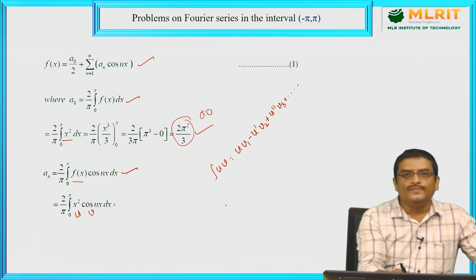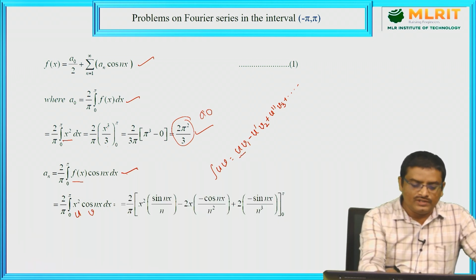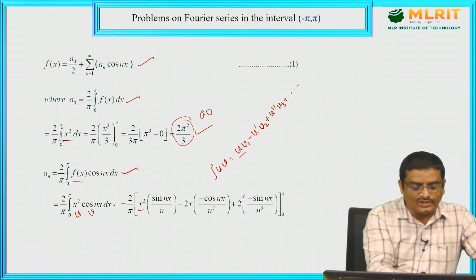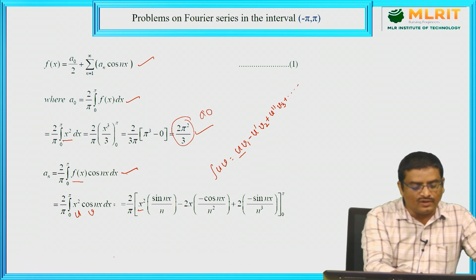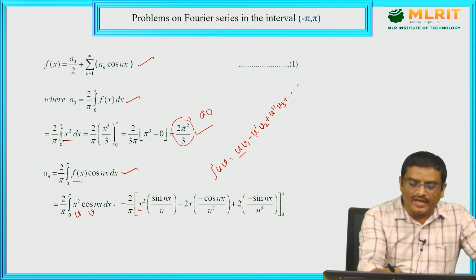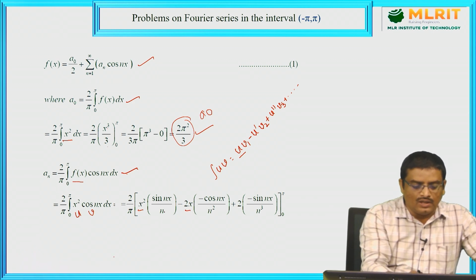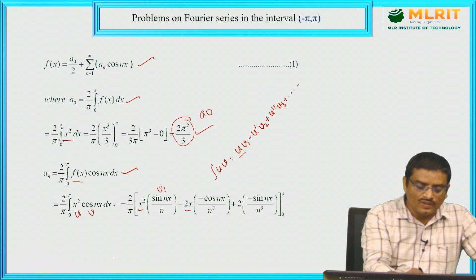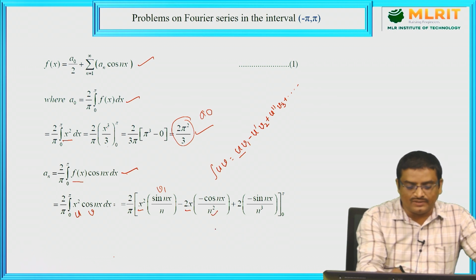Follow the same procedure here and get this value. Now u is our x square, so take x square here, and v1 is nothing but the integral of v. Our v is cos nx, and the integral of cos nx can be written as sin nx by n, minus u dash, that is the derivative of x square, that is 2x, into v2, that is the integral of v1, which is minus cos nx by n square.